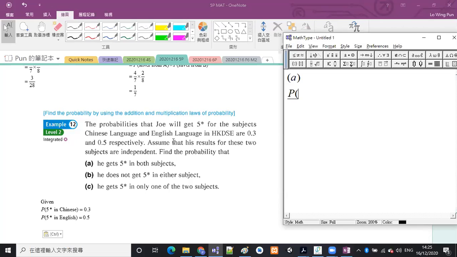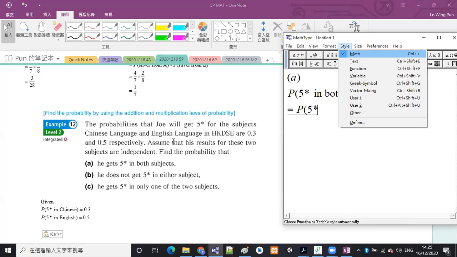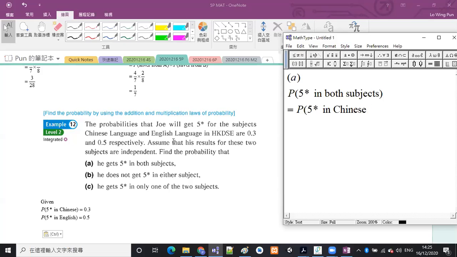Part A, find the probability that he gets 5-star in both subjects. Both subjects means 5 stars in Chinese and 5-star in English. Can you get this?